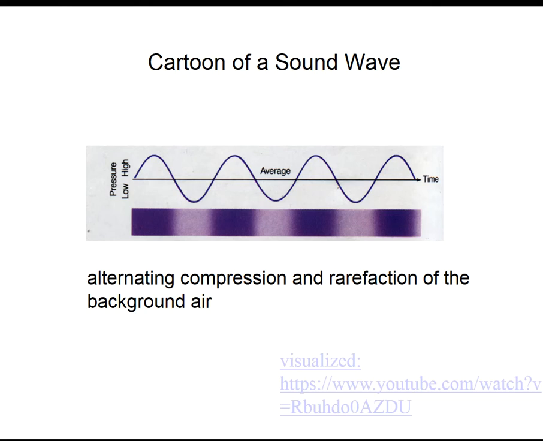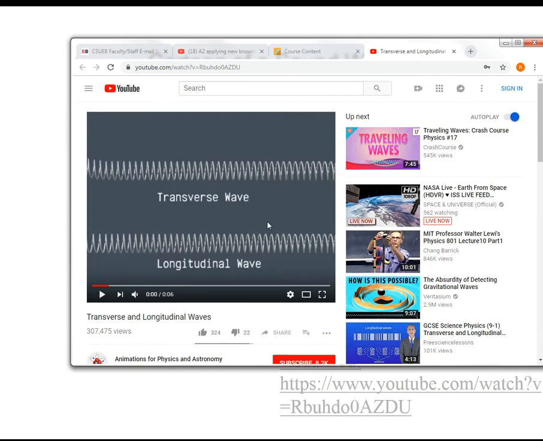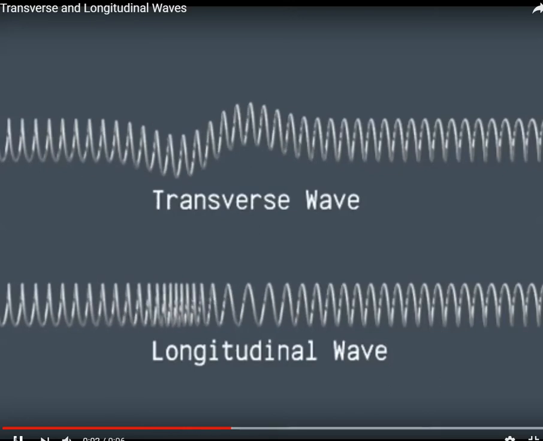So here's our cartoon picture of what a sound wave is. It looks like this, and we have a nice visualization here. I guess let's see if we can open that briefly here. I'm going to move this over. Okay. Good. So here's our traveling wave. It's a reminder of a transverse versus a longitudinal wave.